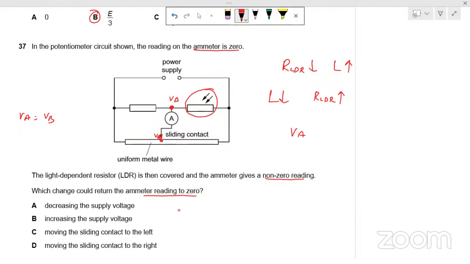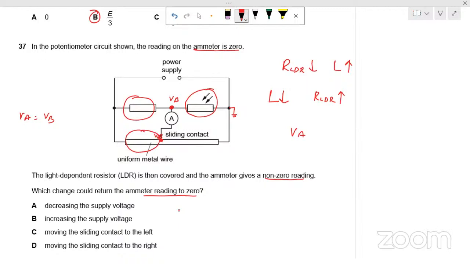Okay. So if we consider this as a reference point, ground, then the voltage across this resistor was equal to the voltage across this part of the wire.